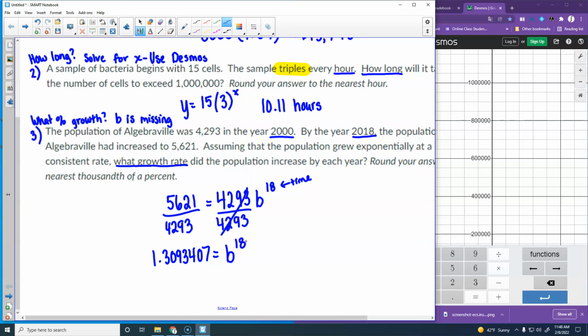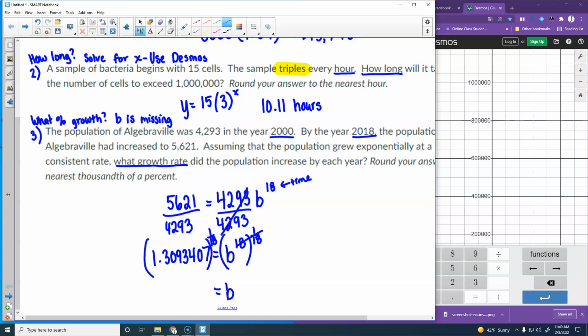All right, who can remember how to get rid of that to the 18th power? What do you think, Katie? Yes. So we're going to raise this to the 1 over 18 power on both sides. On this side, it's just going to cancel out because we would do 18 times 1 over 18, which would just give us 1.